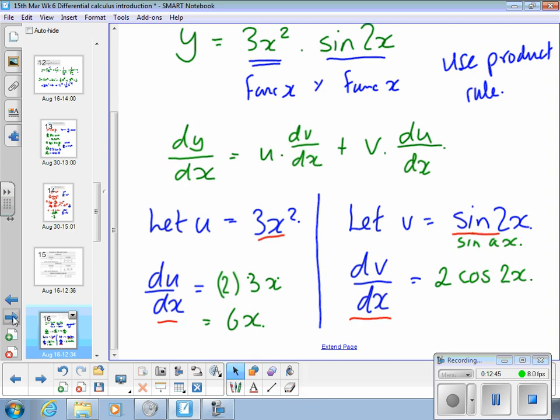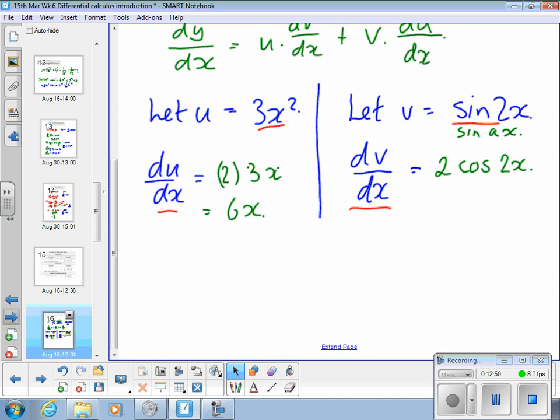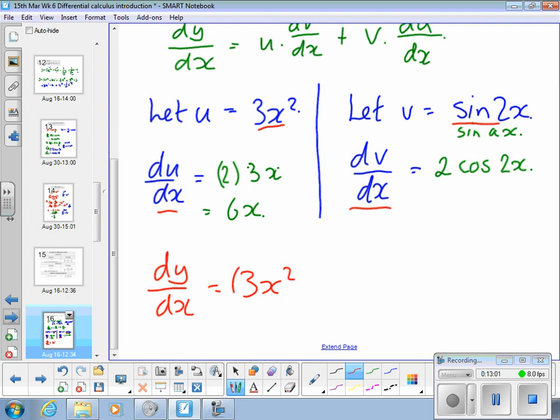So what we then do, we can write dy by dx equals u, that we call u, 3x squared. And to help with getting all the signs right, put each term in brackets to start with. So 3x squared times dv by dx, which is 2 cos 2x.